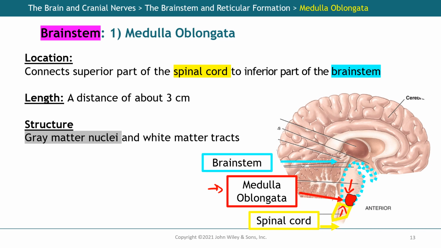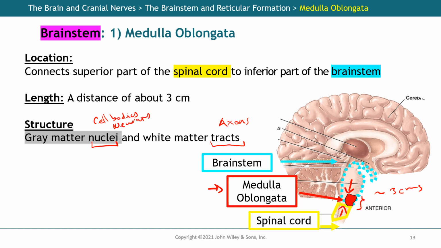In addition to that, if you approximately measure how long the medulla oblongata is, it will be around 3 centimeters in adults. And I already told you that there are two keywords here in the structure: tracks, which if you remember are axon bundles, many axons, and nuclei, which are a collection of cell bodies of neurons that have a particular function.